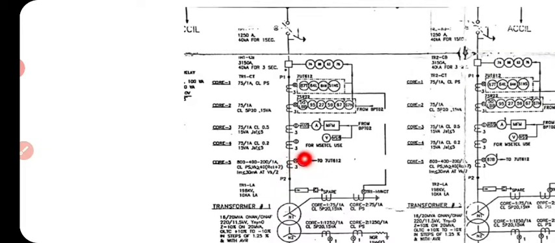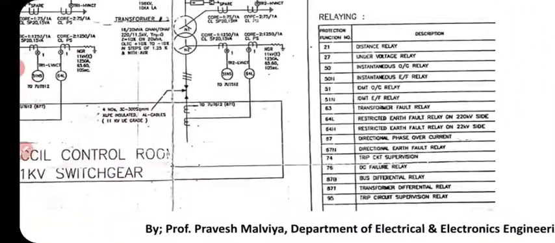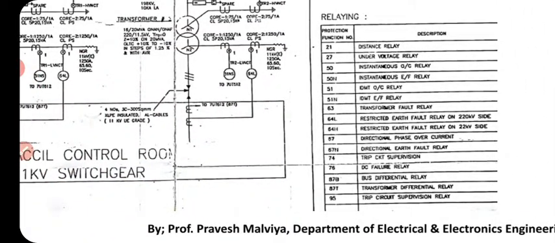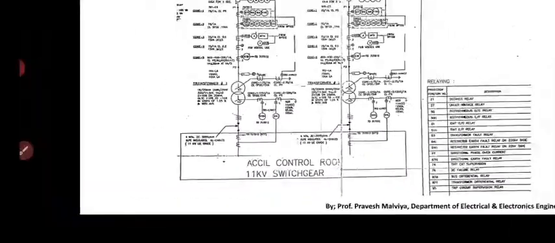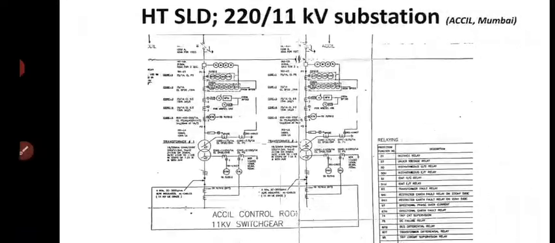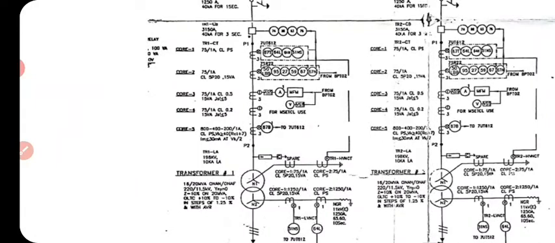87B is what? This core supplies 87B. What was 87B? If we go back there, 87B was the bus differential protection. 50 was the instantaneous overcurrent relay. So all these are symbolic representations of various protection schemes.